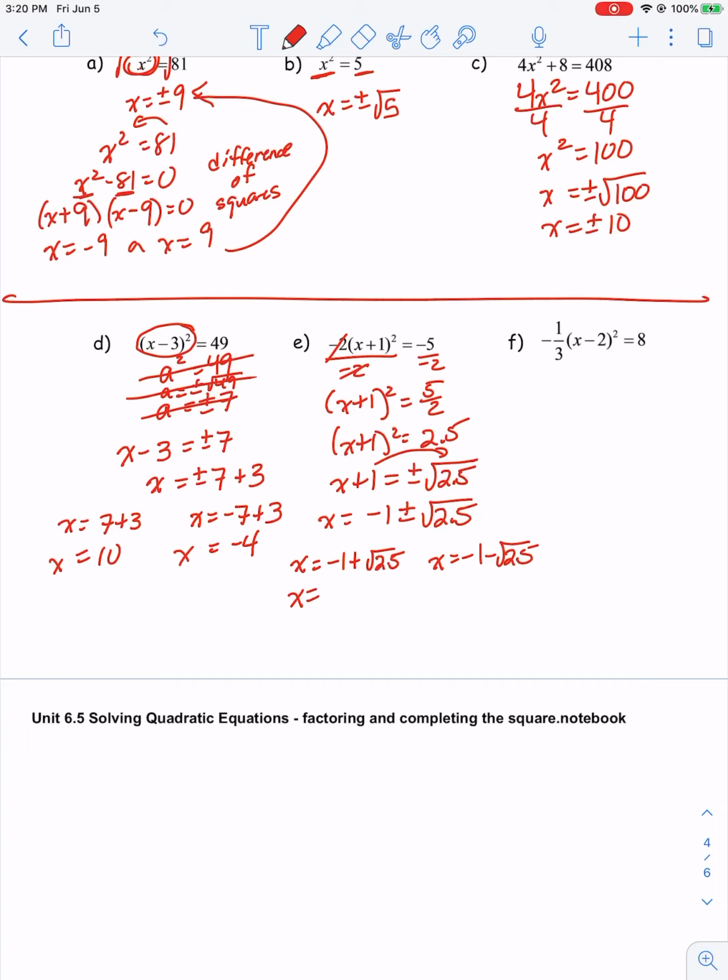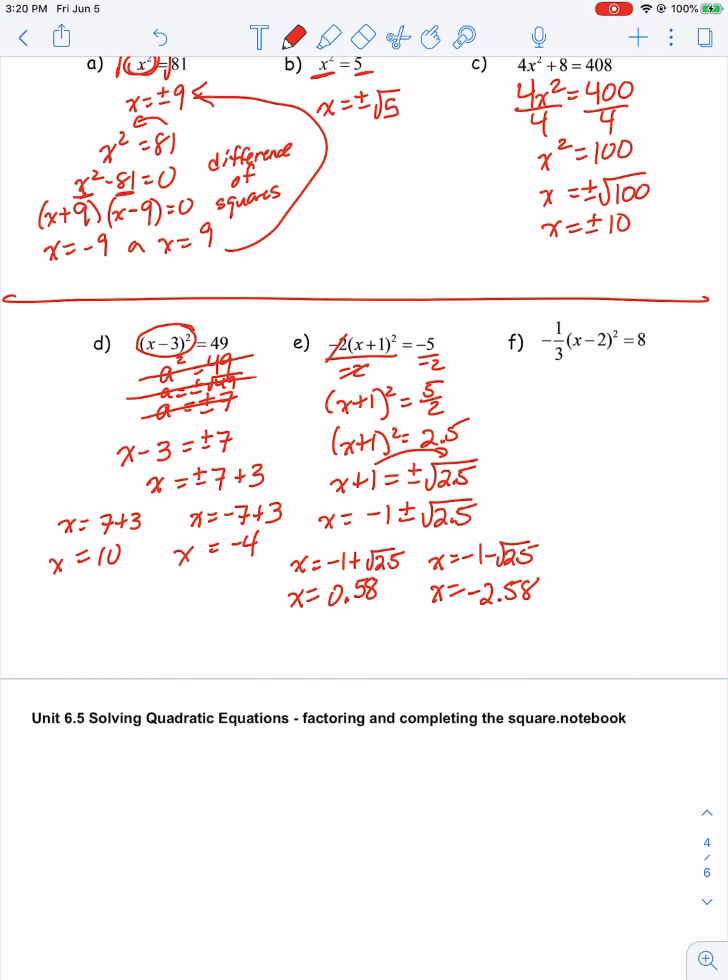Then you get your calculator out and you say, all right, -1 + the square root of 2.5, I get an answer of about 0.58. And -1 - root 2.5, I get an answer of -2.58.